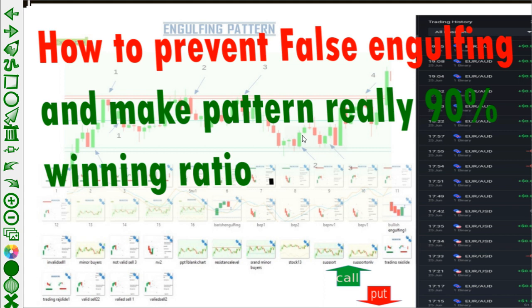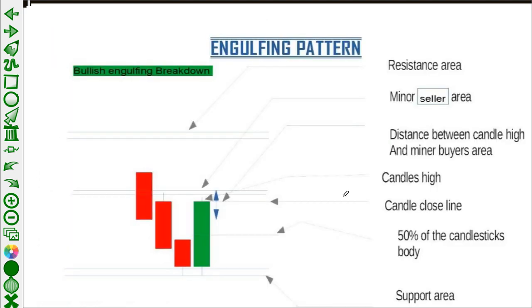Similarly, now we are going to trace the bearish engulfing candle, to see whether we need to take the trade or not. So before coming to the engulfing pattern, the first thing we want to make sure is that we are on the seller side, and we are not going to take any bullish engulfing patterns.